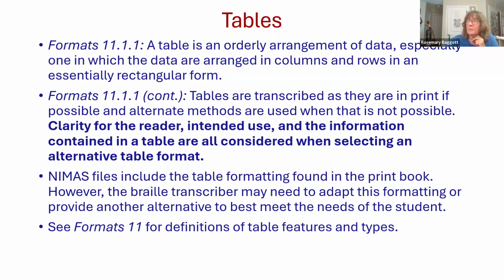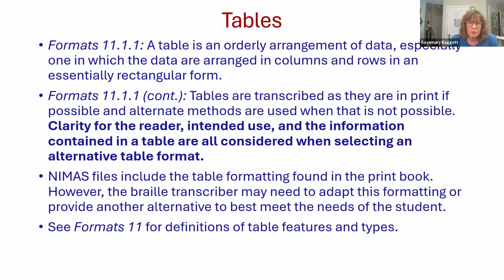That is the kind of thing that, in my not so humble opinion, only a human being is going to be able to make the final decision on. There are the NIMAS files that tag things for tables.